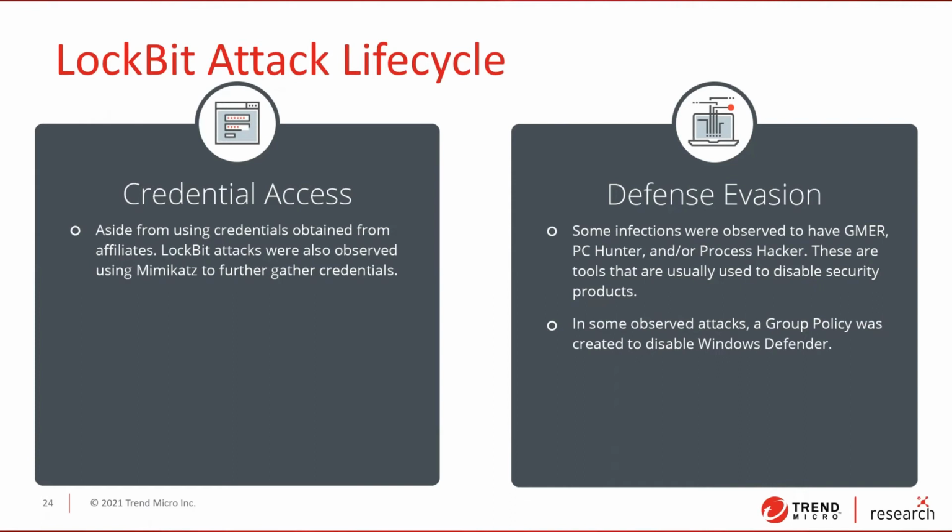In some attacks, we've seen group policy being created to disable Windows Defender. So if it's Windows Defender, they are also looking at ways to turn that off. Because again, if your security product is not running, it's not going to be effective. We'll talk later about some of the defense measures you can take.